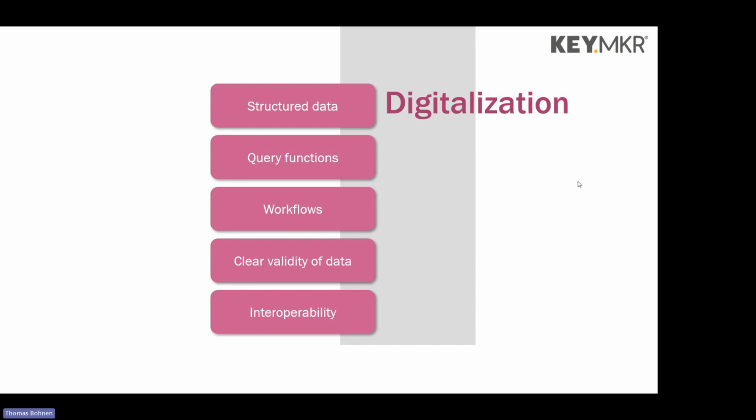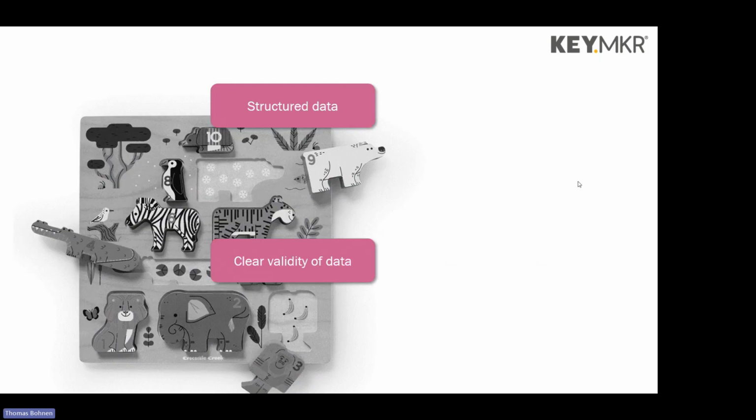But two things stand out for me, and this is the structured data and the clear validity of data. So we have our nice animal database here. If you want to know whether the ice bear, the polar bear, is there, you know exactly where to look.